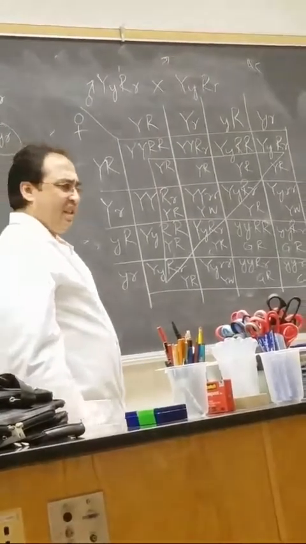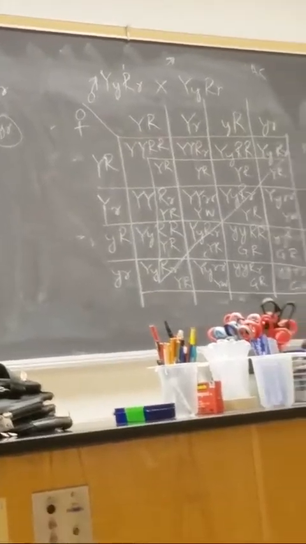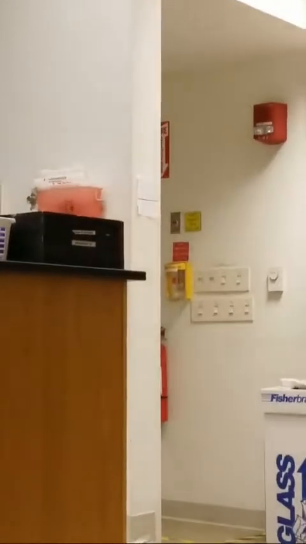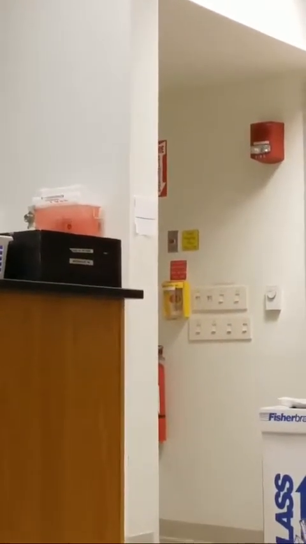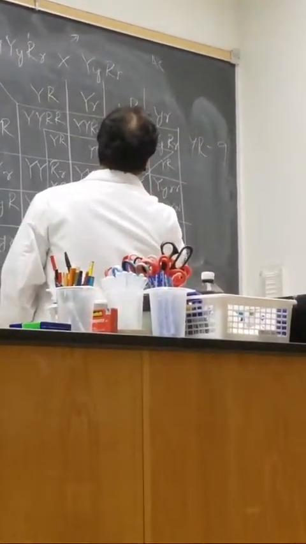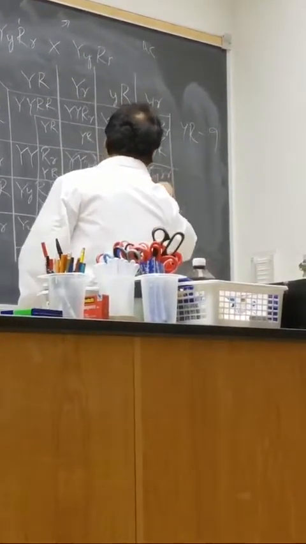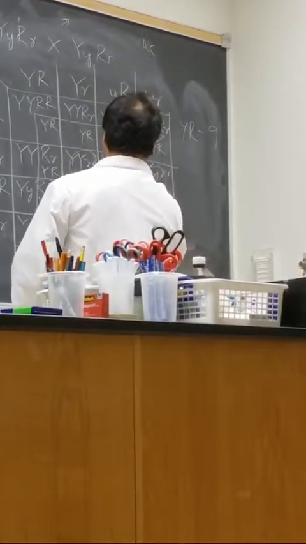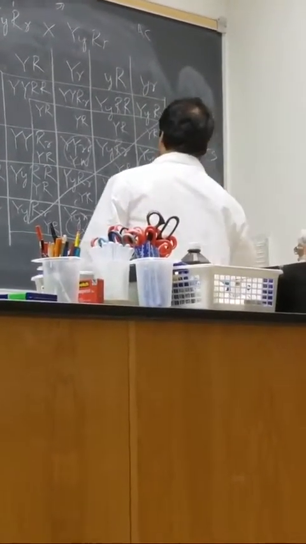How many are there? 1, 2, 3, 4, 5, 6, 7, 8, 9. Then I have yellow wrinkle, 3.